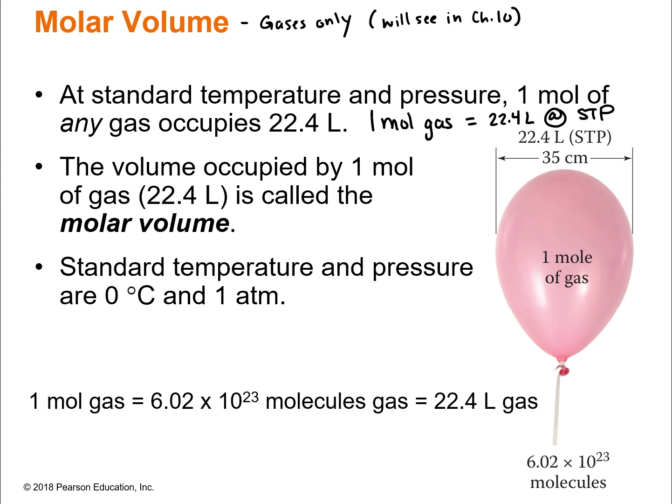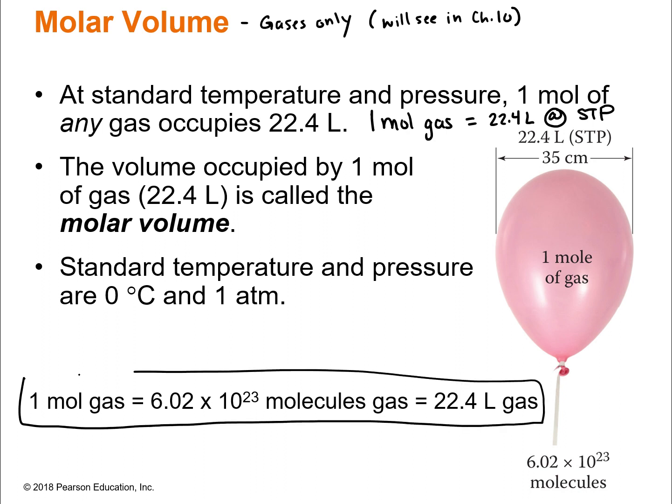That volume is called molar volume. You'll need to know that number. So this whole thing down here for gases, know this. A mole of gas is equal to Avogadro's number of molecules of gas, and it has a volume of 22.4 liters.